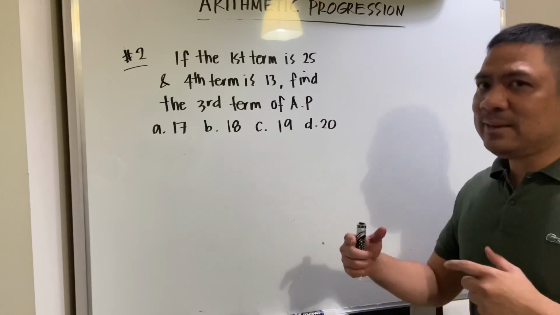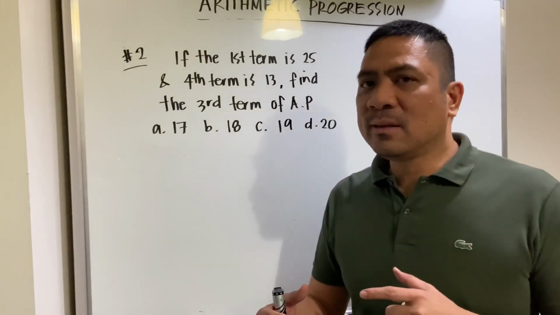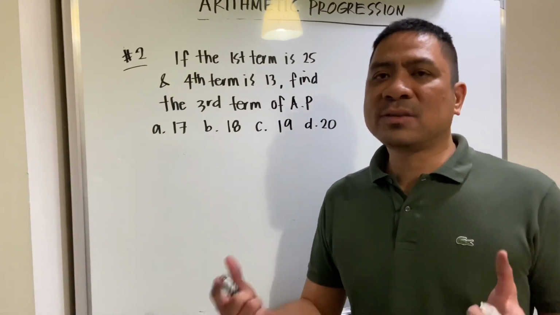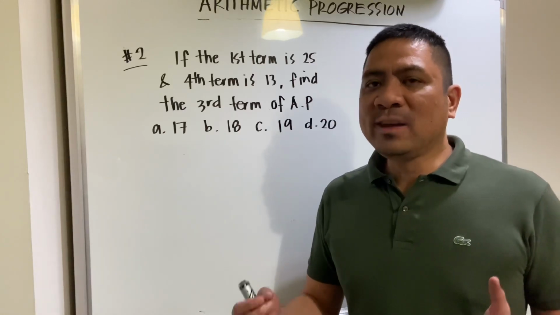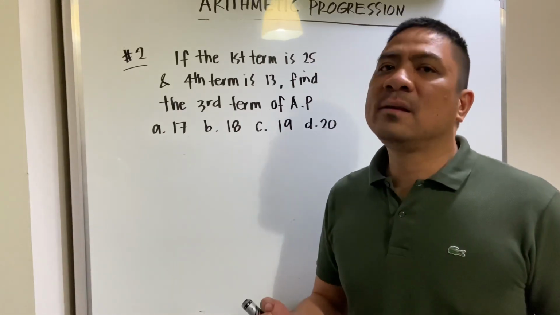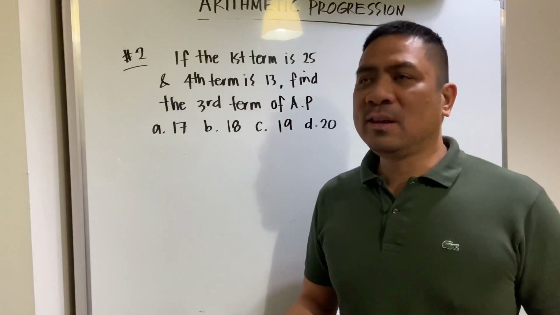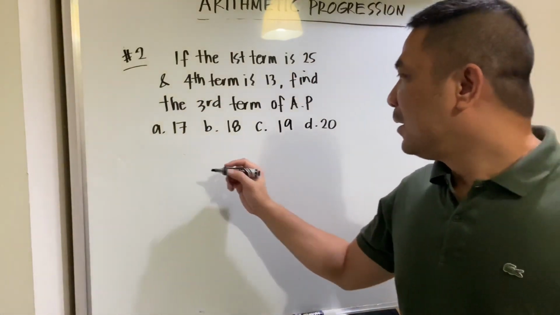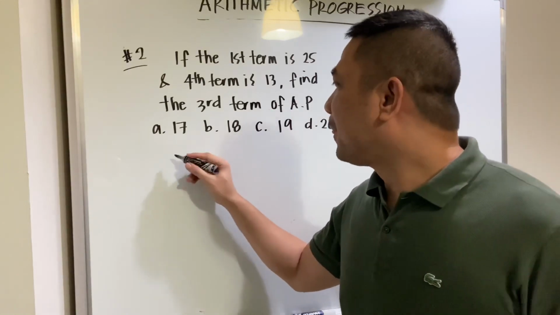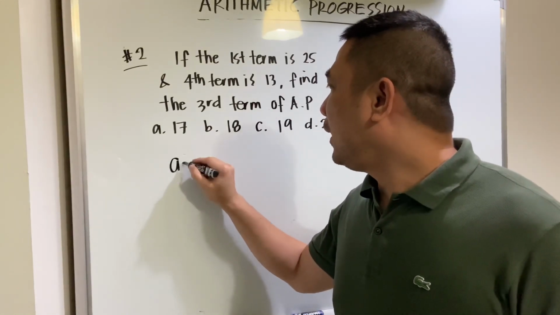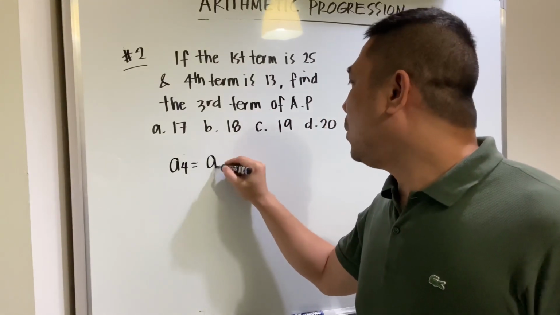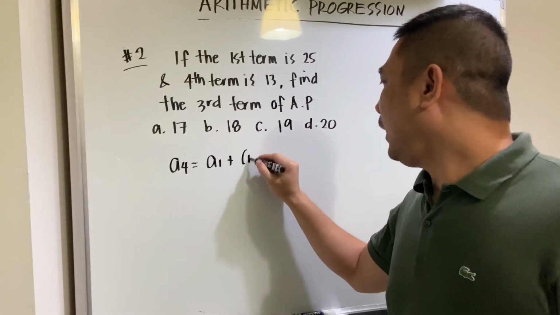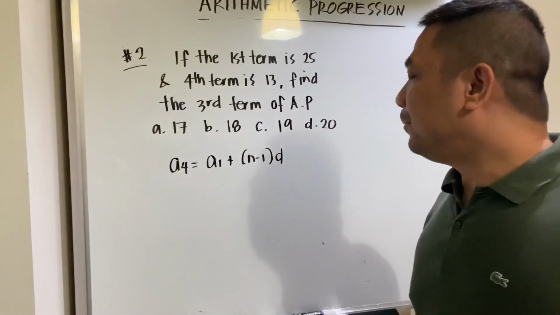So for problems like this, if you are given the first term and the last term, that will give you a hint that you need to find the value of the common difference. So in this case, using the fourth term and the first term, A4 is equal to A1 plus (n minus 1) times d.